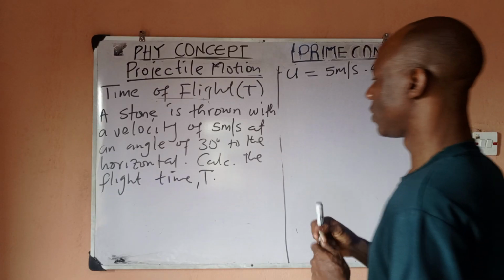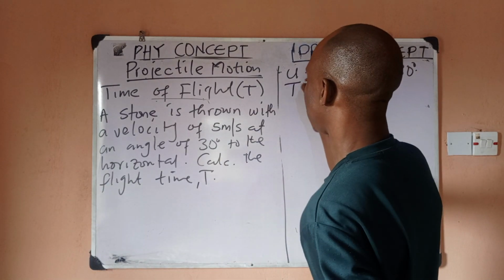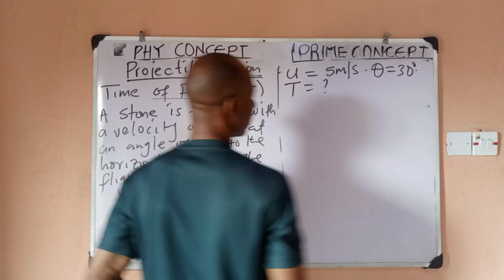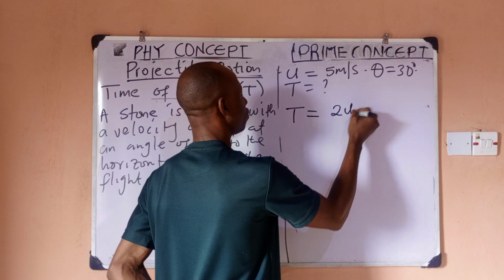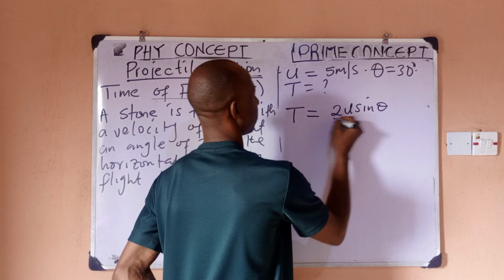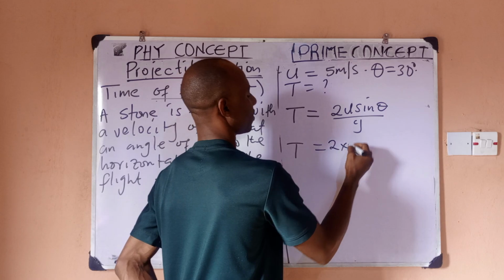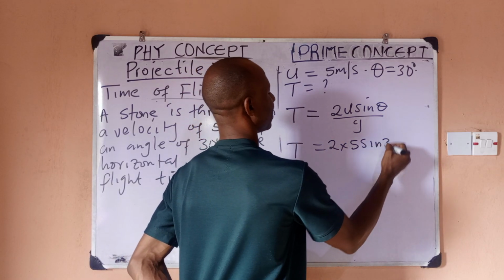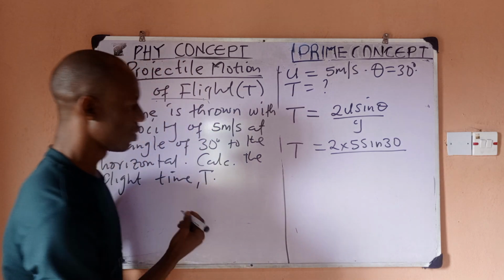Calculate the flight time. So we're looking for the time of flight, capital T. If you recall, our formula says that T is 2u sine theta over g. So T becomes 2 times 5 sine 30, all divided by g. They didn't give us g, but we're going to assume it to be 9.81.